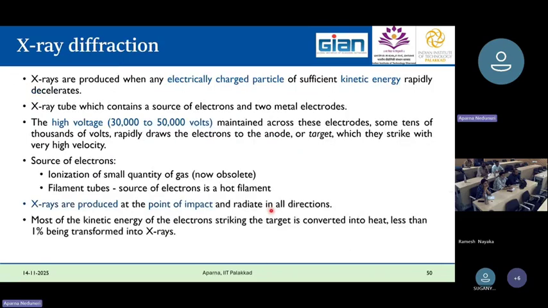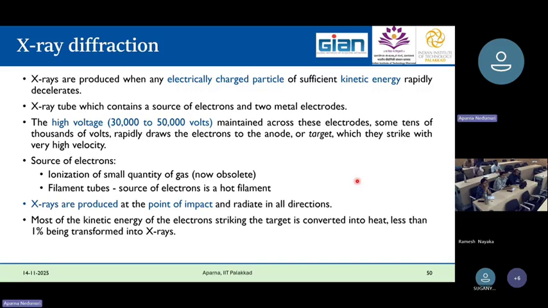X-rays are produced when an electrically charged particle, here an electron, with sufficient kinetic energy rapidly decelerates and hits a particular target. Again, kinetic energy K equals half mv squared.